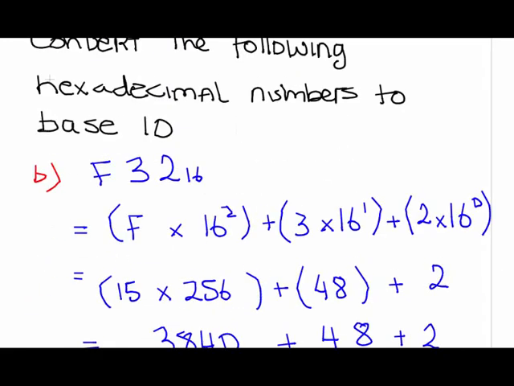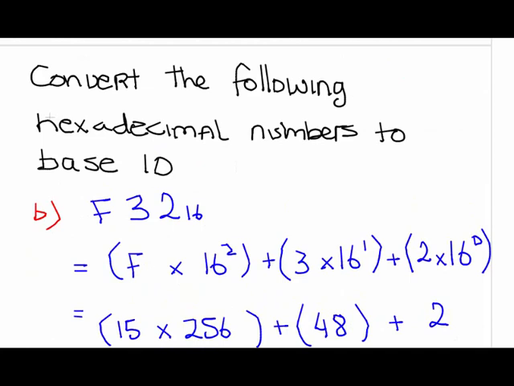So moving on to the next one, we have f32 to the base 16. Again, we work from the right hand side towards the left. From the right hand side we have 2, 3 and f, and we multiply 2 times 16 to the power of 0, 3 times 16 to the power of 1 and f times 16 squared.